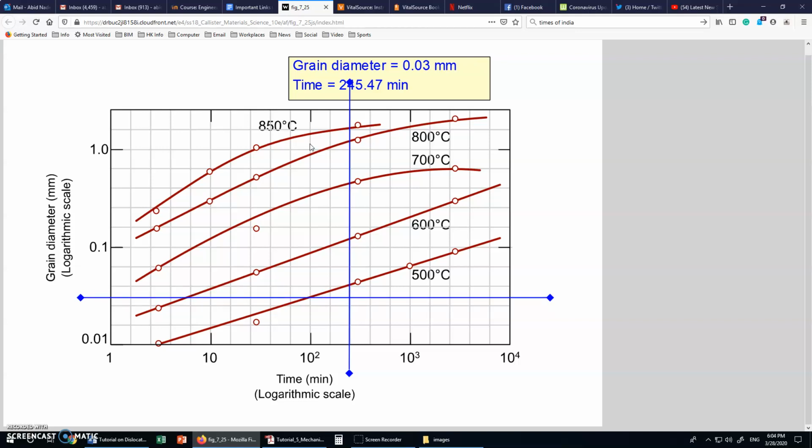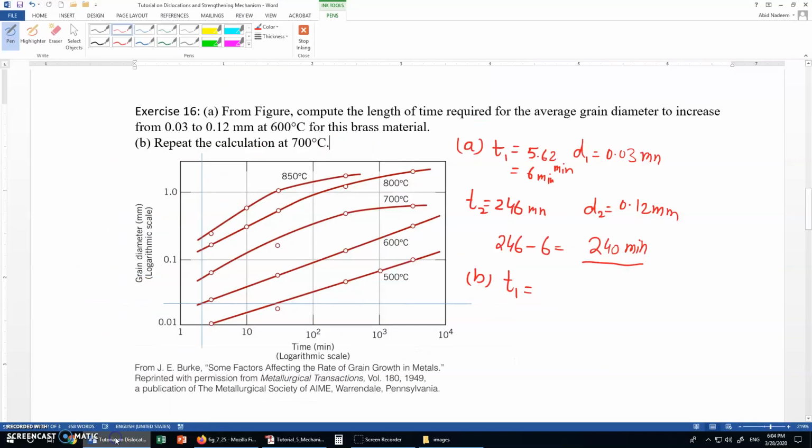For 700 degrees centigrade, in fact this line is not intersecting. So if I expand this line, the initial time will be somewhere very close to here, about 1 minute. So you can take it as 1 minute.